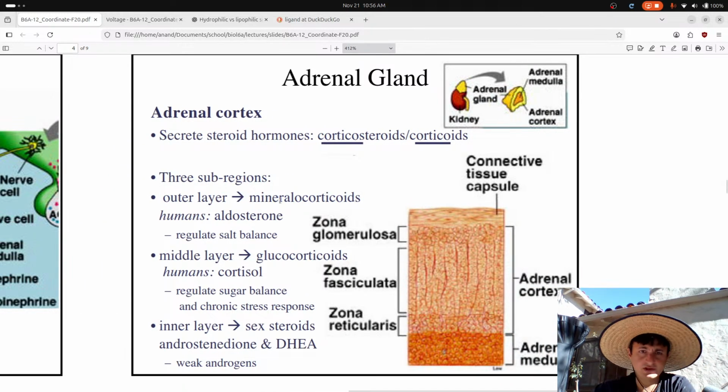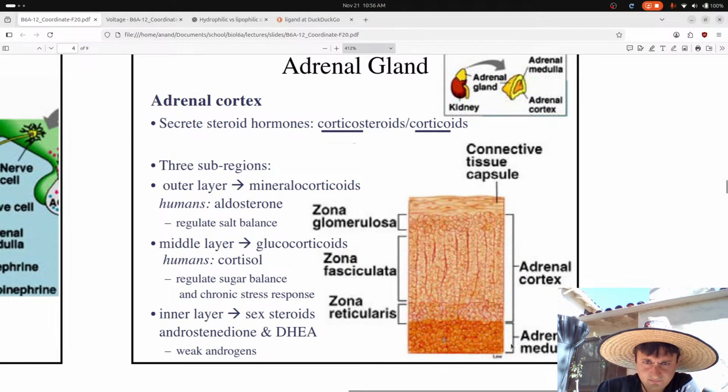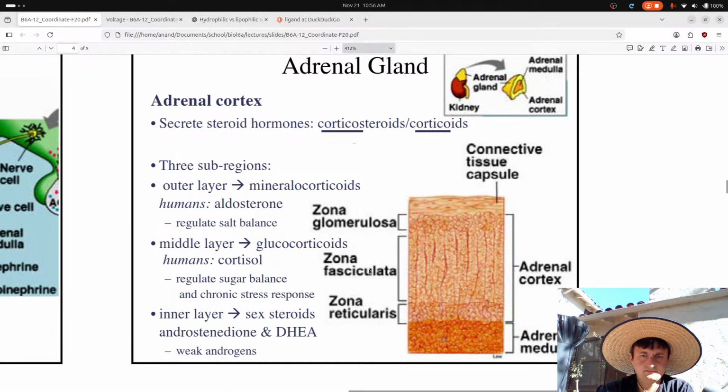Okay, and then the adrenal cortex. Okay, and then fasciculata and reticularis.